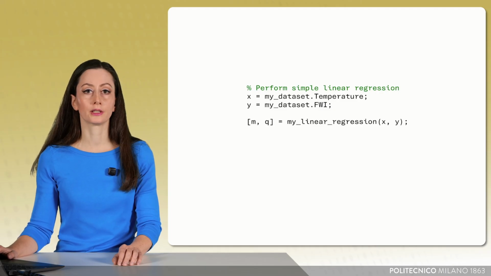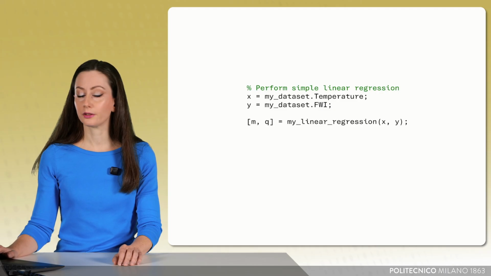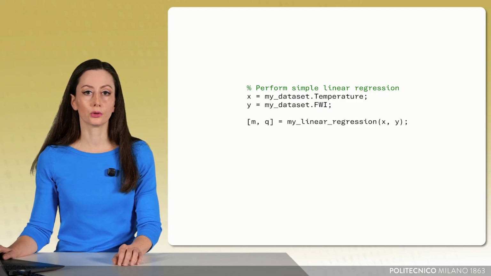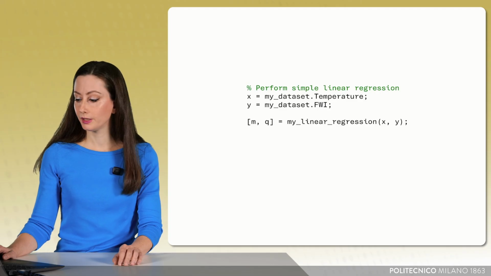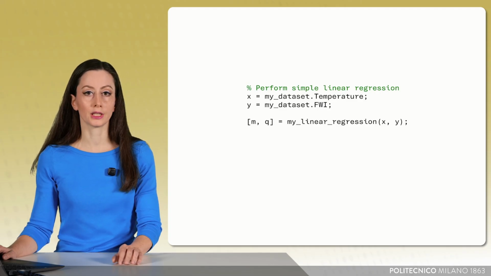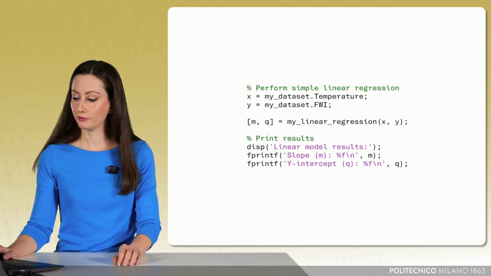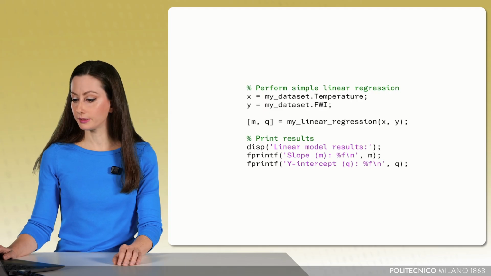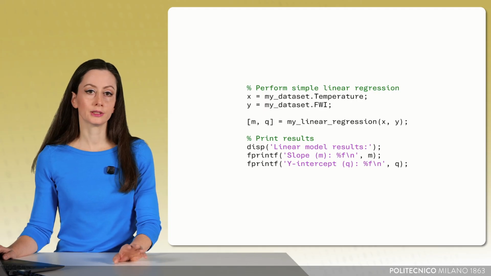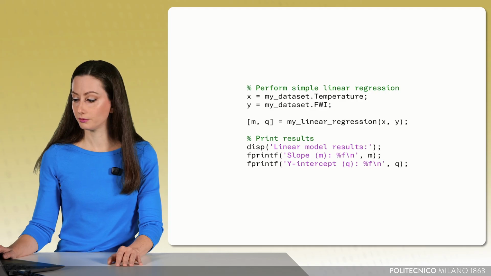These two arrays are given as input to the linear regression function, and the function returns two outputs, which we store as two separate variables. And please note that the order of these outputs must match the order specified in the implementation of the function. Finally, we can print the results, the regression coefficients m and q.